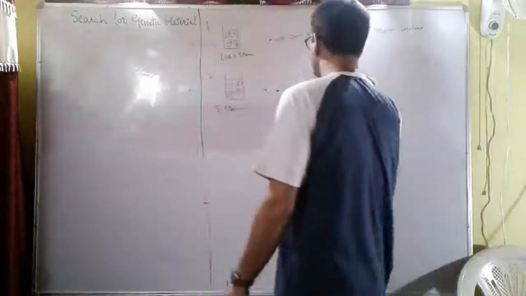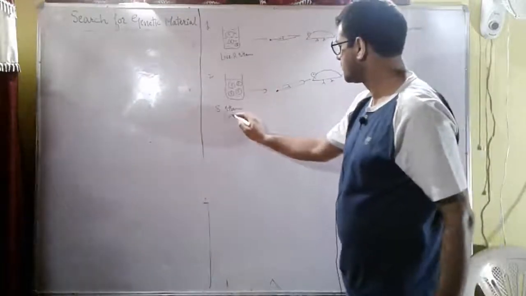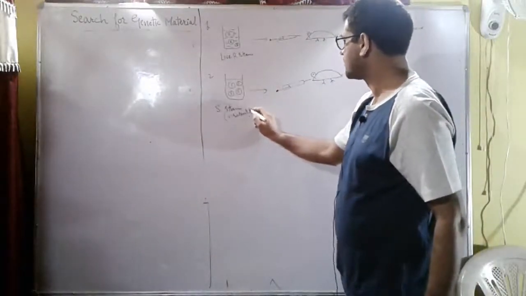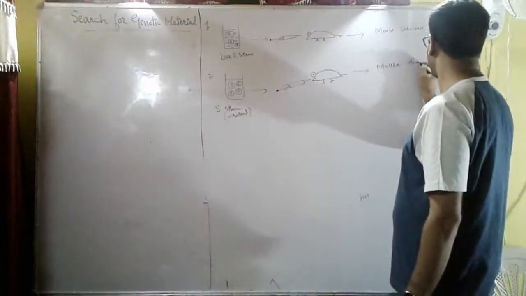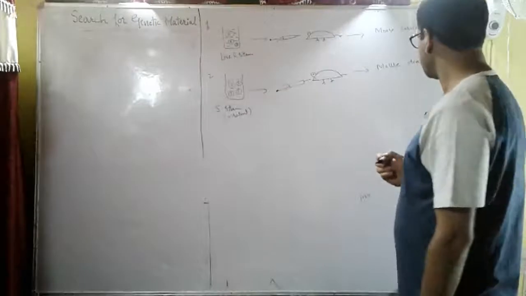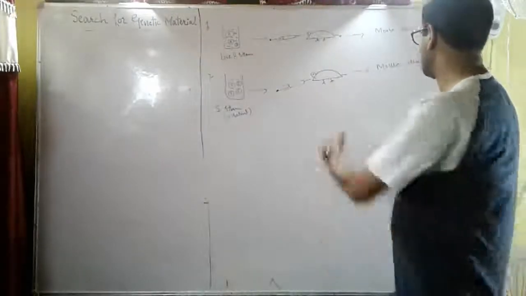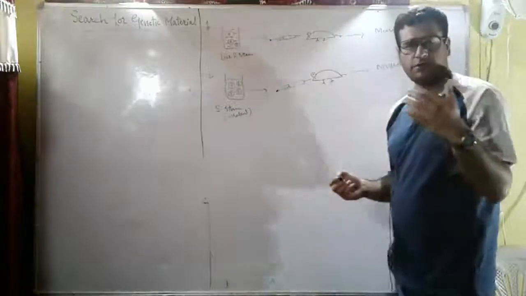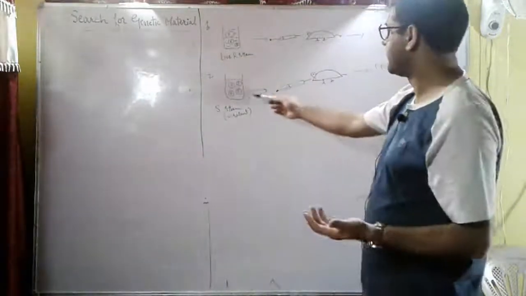What happened to the mouse? Because this is a virulent strain, the mouse died. In this case, the mouse developed pneumonia and ultimately died, in case second.